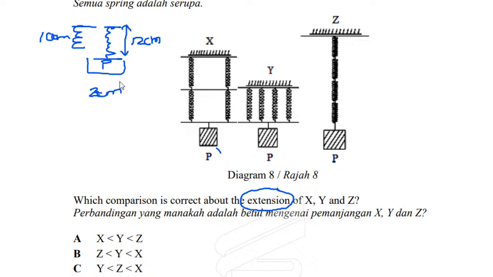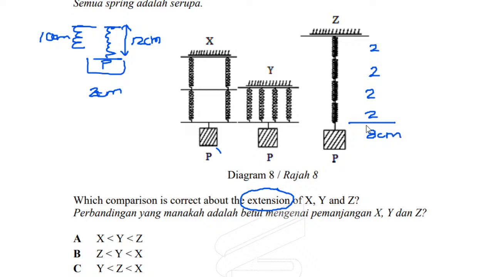Now, when you look at Z, when the arrangement is like this, each of the spring will extend by 2 cm. So 2 cm here, the first spring, the second spring also extended by 2 cm, the third spring, the fourth spring. So for Z, the extension of the spring is 8 cm.